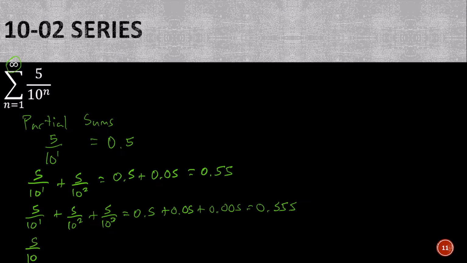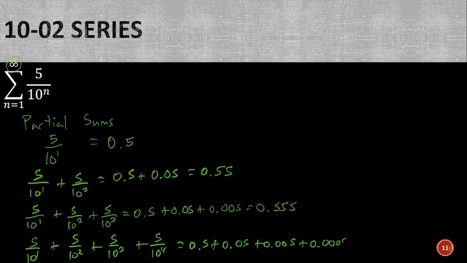Try plugging in the 4. So we have the 1, the 2, the 3, and the 4. To be 0.5 plus 0.05 plus 0.005 plus 0.0005, which gives you 0.5555.